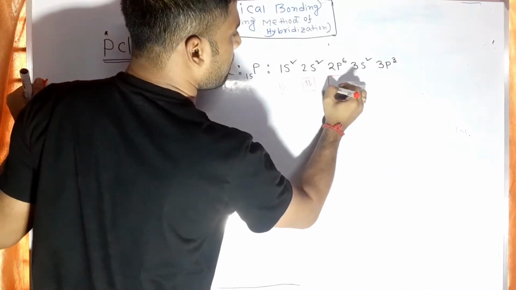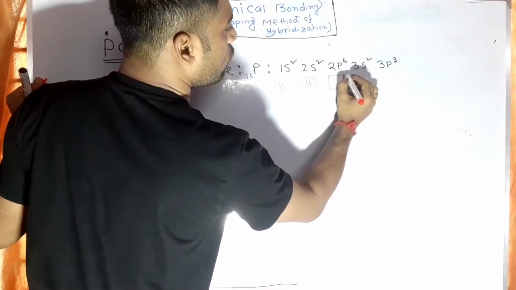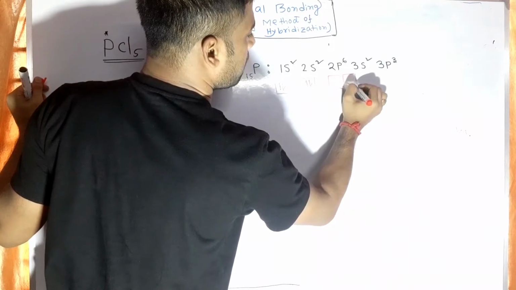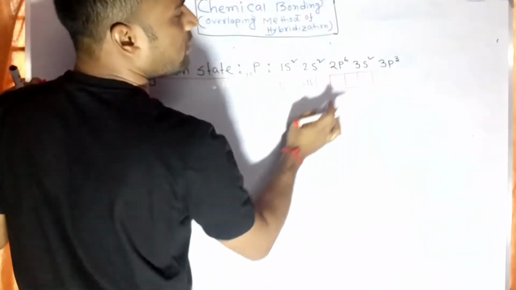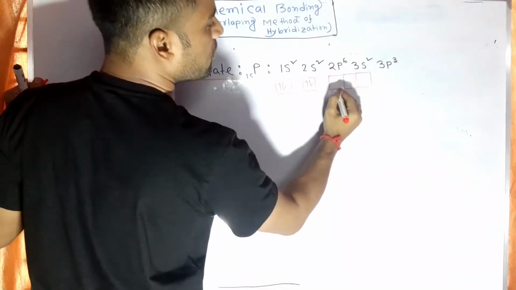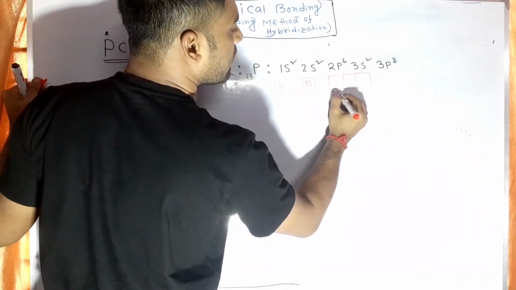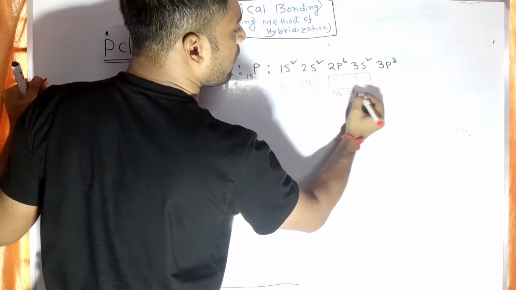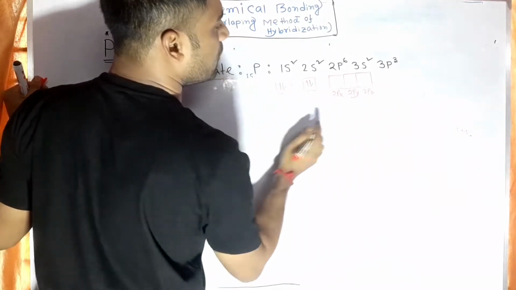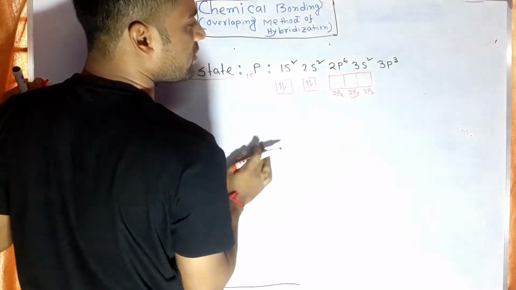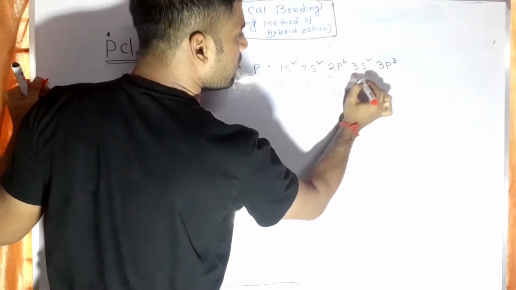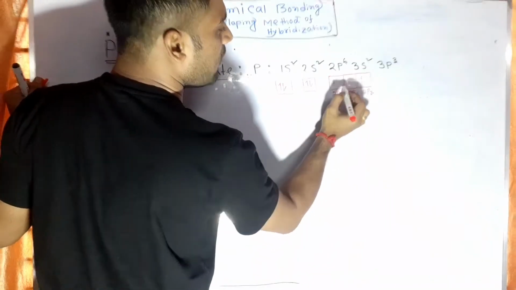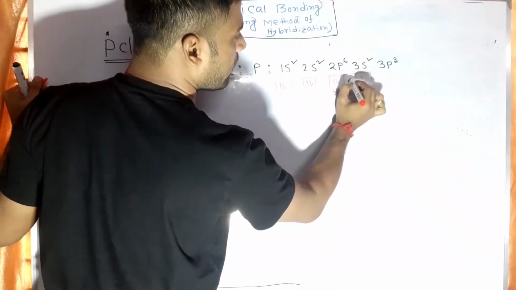Next 2p: the p subshell has 3 vacant spaces, 2px, 2py and 2pz. Total electrons 6. According to Hund's rule, first one electron is added in each space, and the remaining electrons then occupy paired condition.